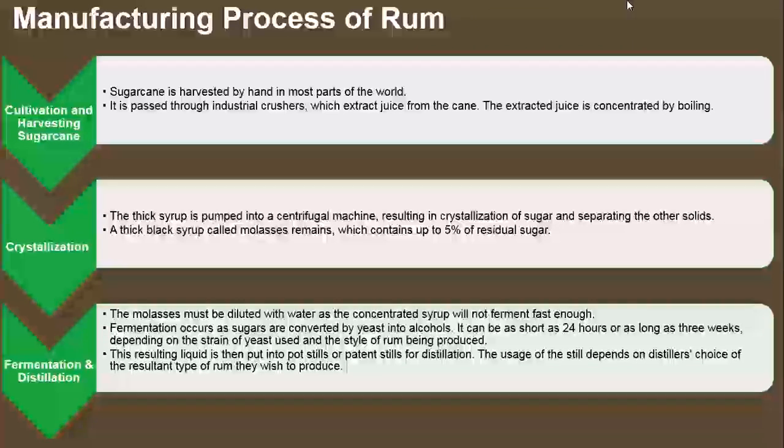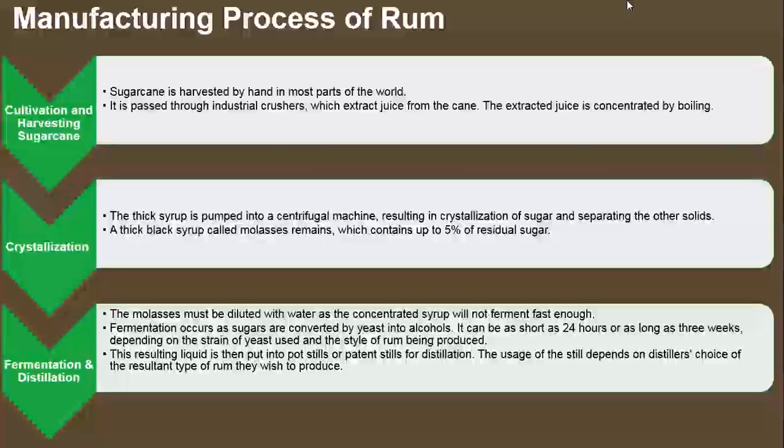Sugarcane is harvested by hand in most parts of the world. It is a labor-intensive process, and the cane is passed through industrial crushers, which extract the juice from the sugarcane. The extracted juice is concentrated by boiling, and the result is a thick, heavy syrup rich in sugar.